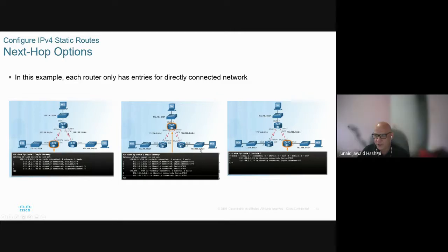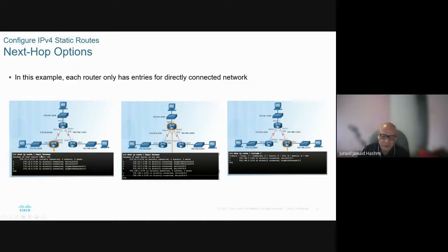So 192.168.2.0 and 192.168.3.0. So we have to tell R2 about these two networks. Okay. Now, if you go to R3, what networks are not directly connected to R3? 172.16.3.0 and 172.16.1.0. So we have to configure all these three routers with static route. Okay.